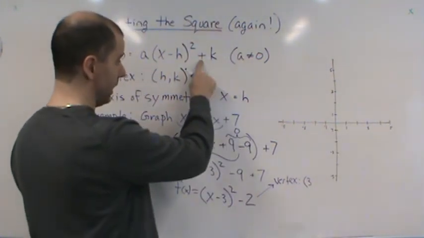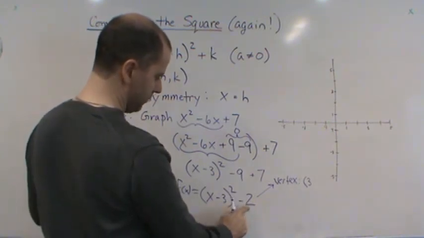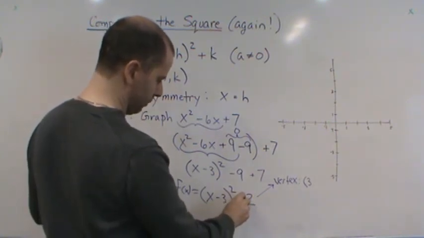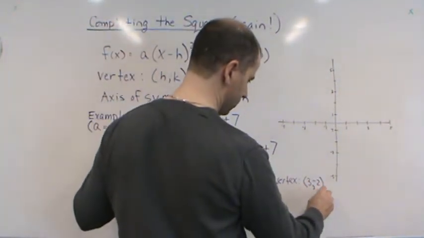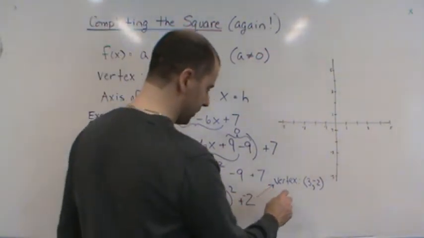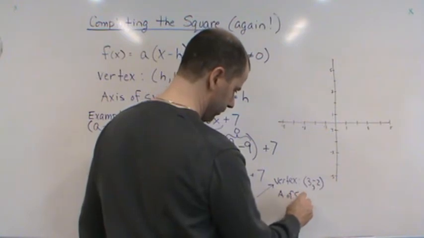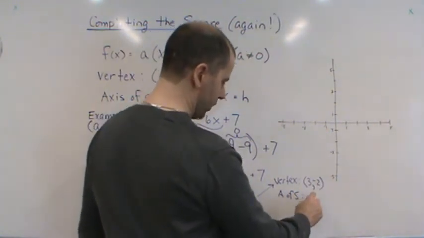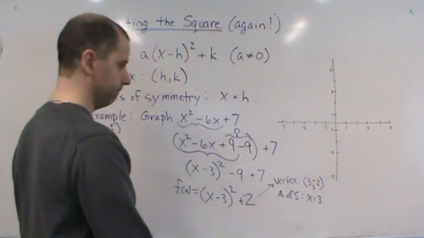Well, this is plus, so that means this is a plus negative 2, right? So if I make this into a plus, then that becomes a negative 2. So this is 3 comma negative 2 is my vertex, which means the axis of symmetry is what? Is going to be x equals 3.